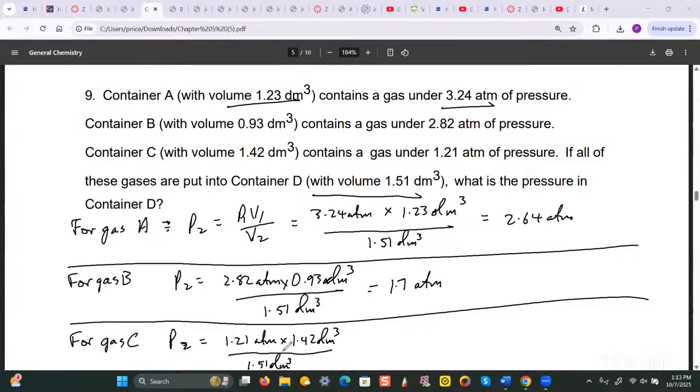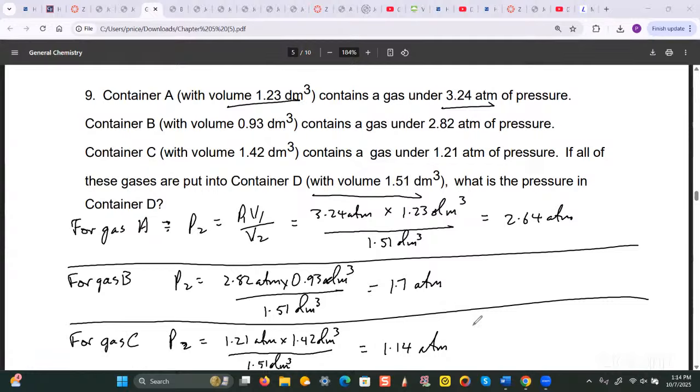So 1.21 times 1.42, and then divided by 1.51. According to my calculation, this works out to be 1.14 atmospheres. So we have calculated the individual pressures of the gases when they're all squeezed into container D.